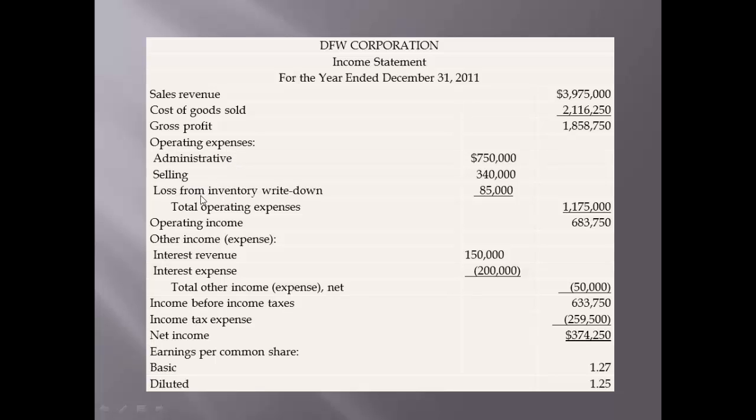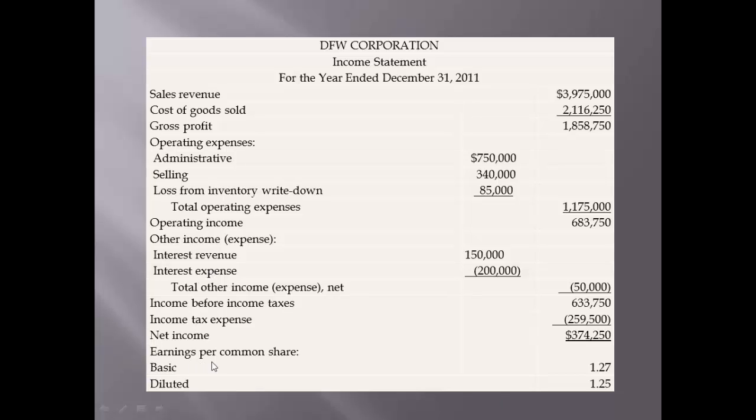For DFW Corporation, we also have loss from the write-down of inventory. So the inventory value was reduced. It could be as a result of the inventory becoming obsolete. Now let's note that interest expense is a non-operating item in the income statement.